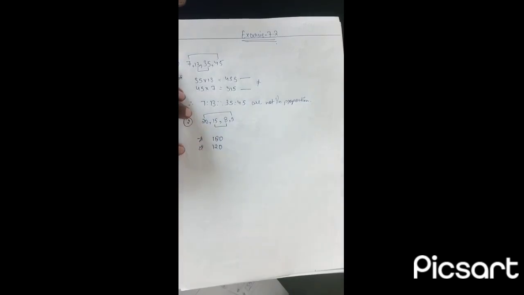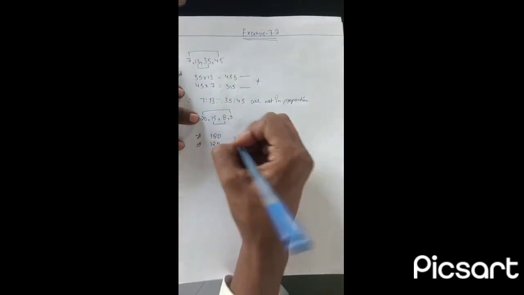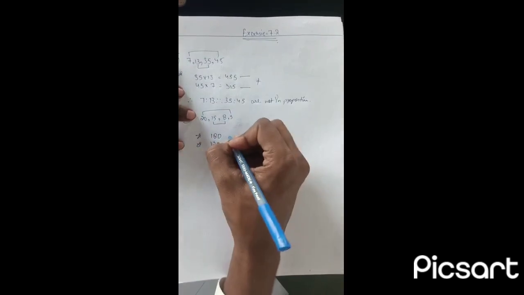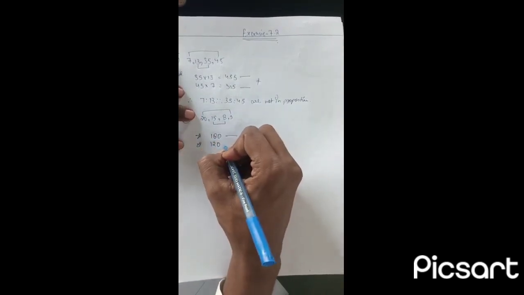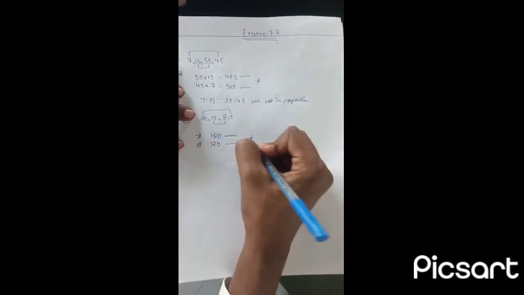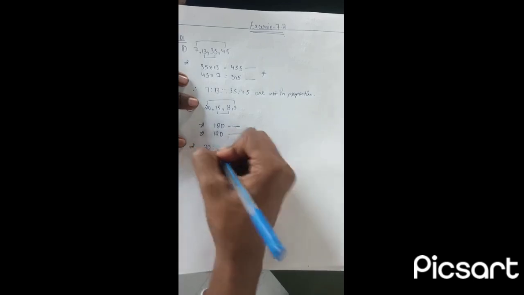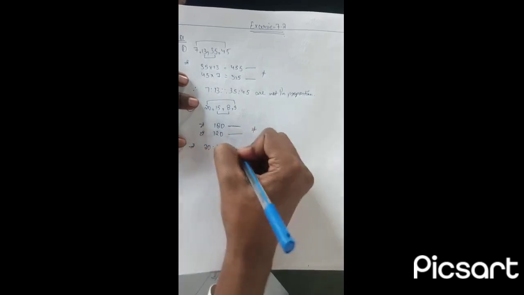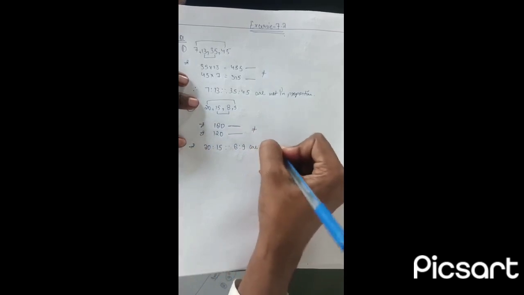So the value of the mean and the value of the extreme are not equal. So 20, 15, 8, 9 are not in proportion.